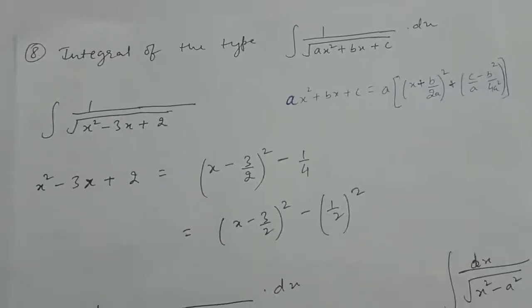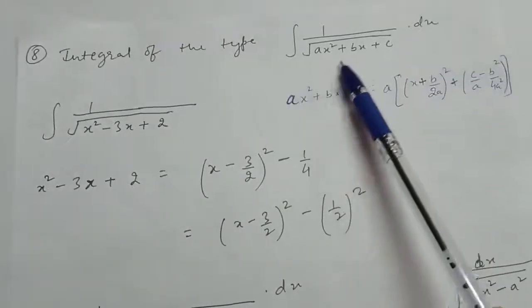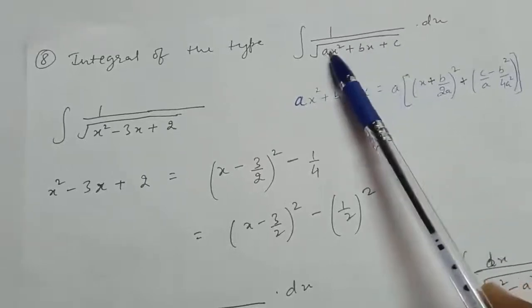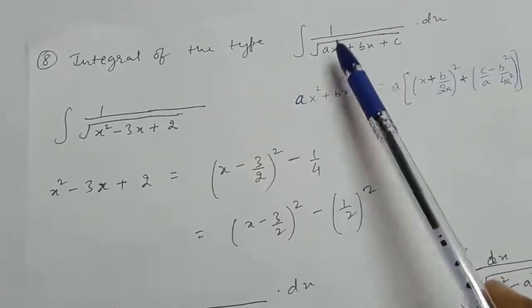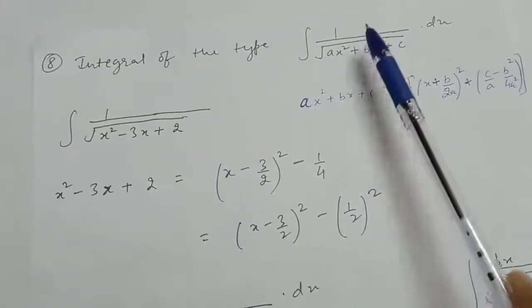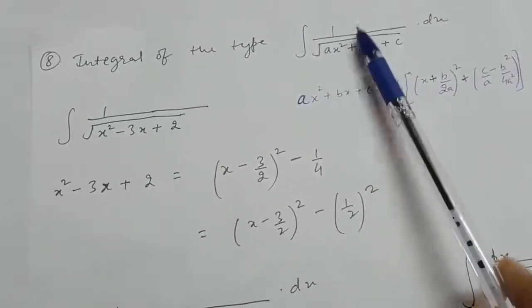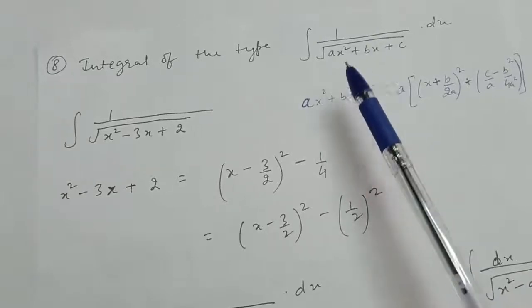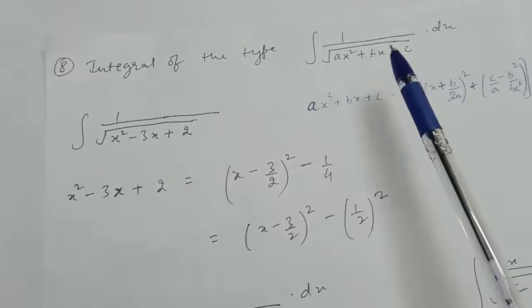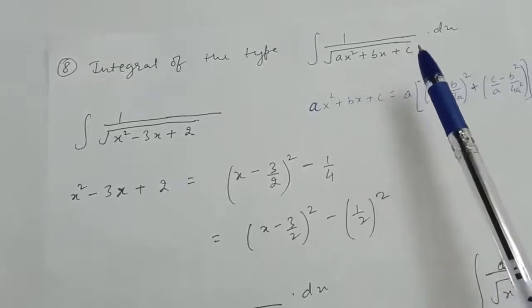Now integral of the type 1 upon root ax square plus bx plus c. Now in the denominator a quadratic equation is given inside the root. So the same method we'll apply. We'll try to change this integral into either 1 upon root a square minus x square, or 1 upon root a square plus x square, or 1 upon root x square minus a square.